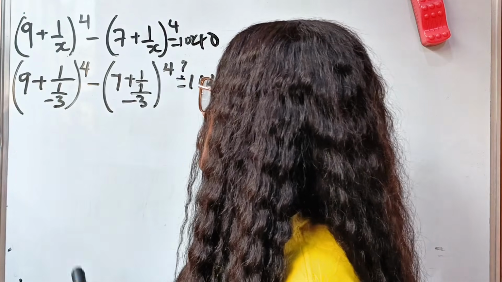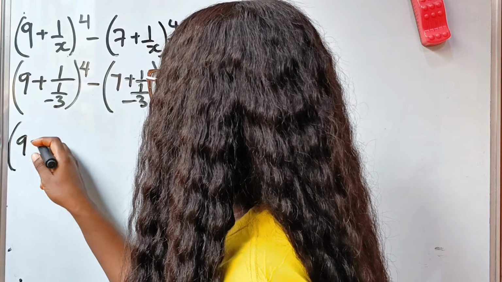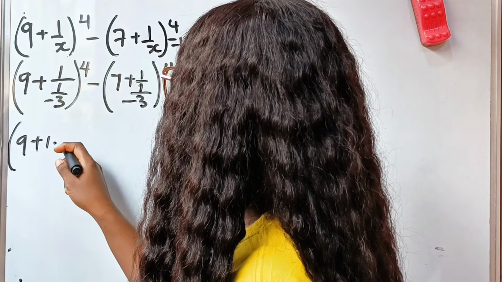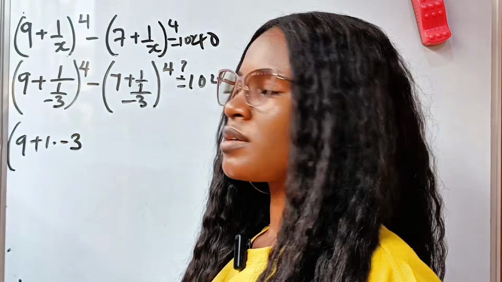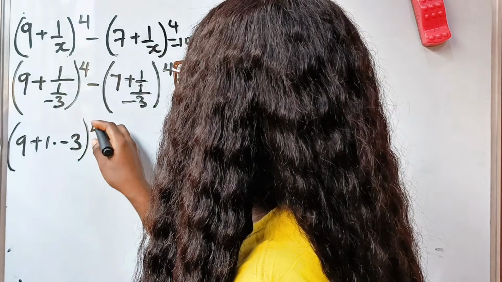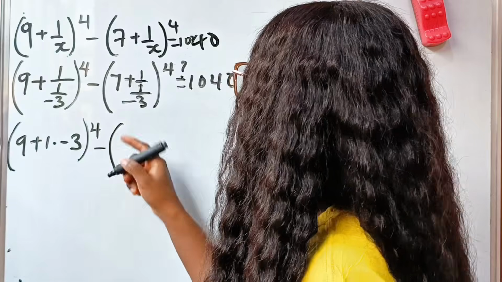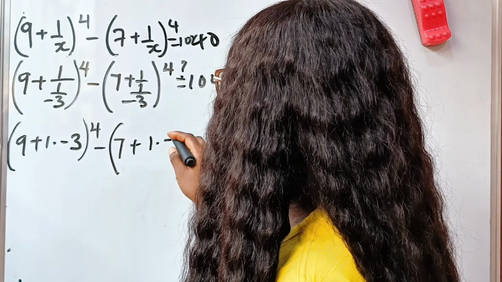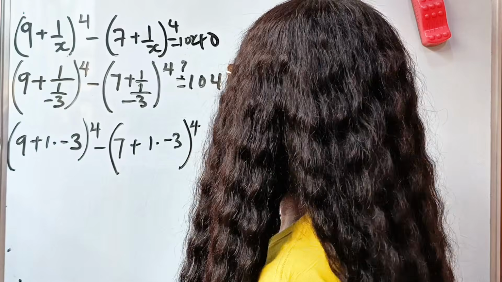So if we do that, it's going to be 9 plus 1 multiplied by, we take the inverse of the denominator, which will become minus 3, right? Minus 3 over 1, which is still minus 3. Raised to the power of 4 minus. Similarly, here will be 7 plus 1 multiplied by minus 3 again, raised to the power of 4.